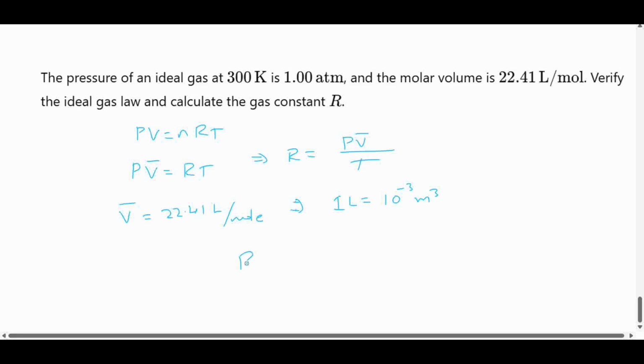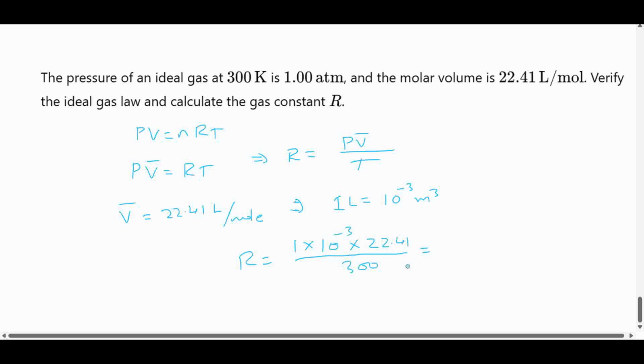So R would be, with pressure of 1 atmosphere and molar volume 10 power minus 3 into 22.41, as it is 22.41 liters, by temperature 300 Kelvin.